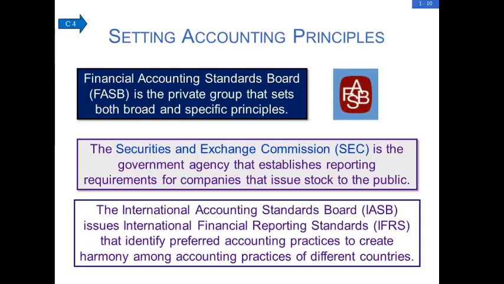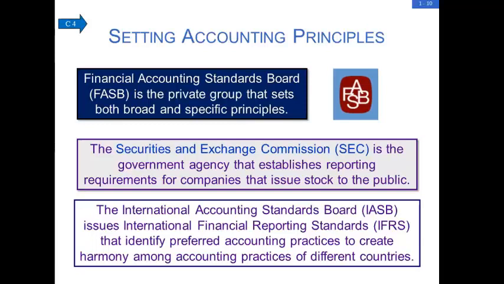Finally, another group that we're not going to get into a lot of detail on, just to mention them, is the International Accounting Standards Board. There is a big push to create one seamless set of rules across the globe, which would make more sense because it's difficult currently to compare a European company to a company based in the United States, because we do have slightly different rules.